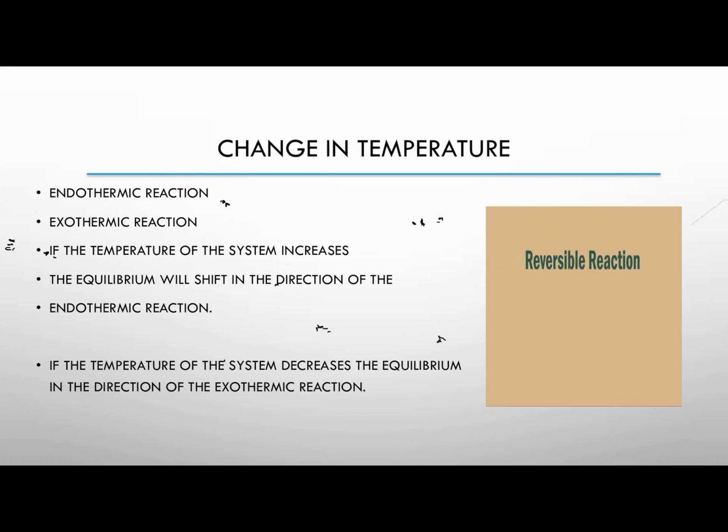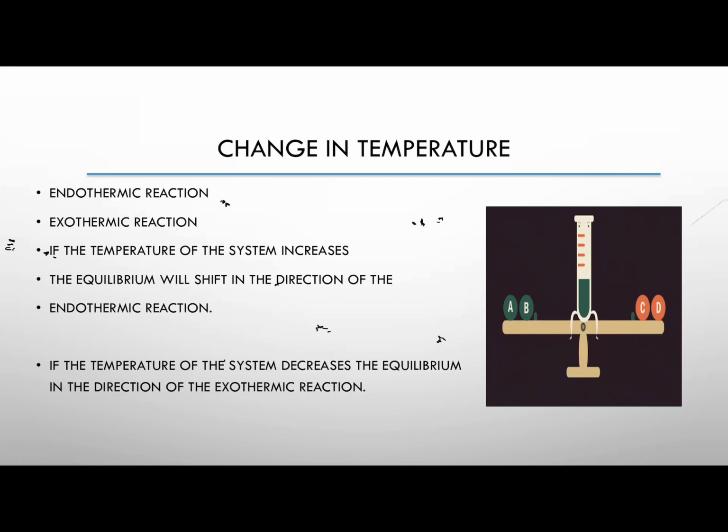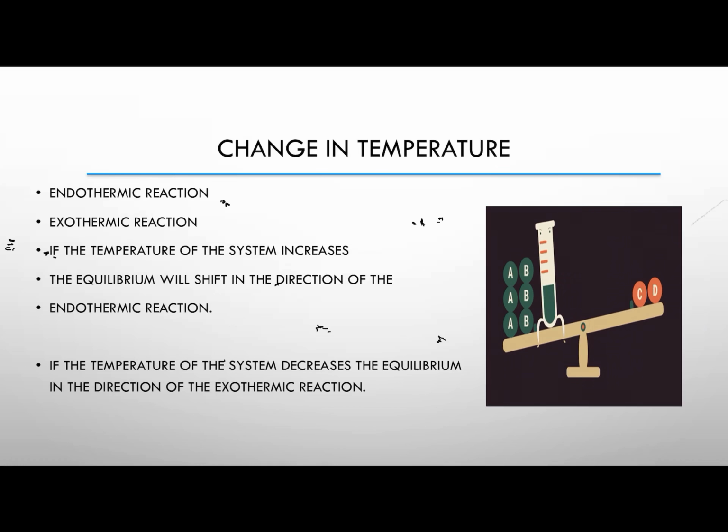If the temperature of the system increases, the equilibrium will shift in the direction of the endothermic reaction. And if the temperature of the system decreases, the equilibrium will shift in the direction of the exothermic reaction.